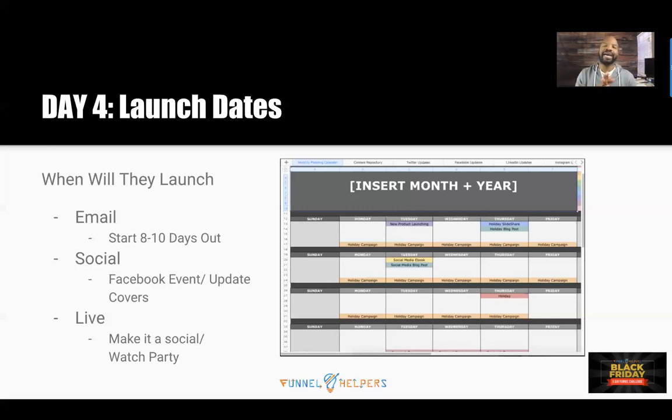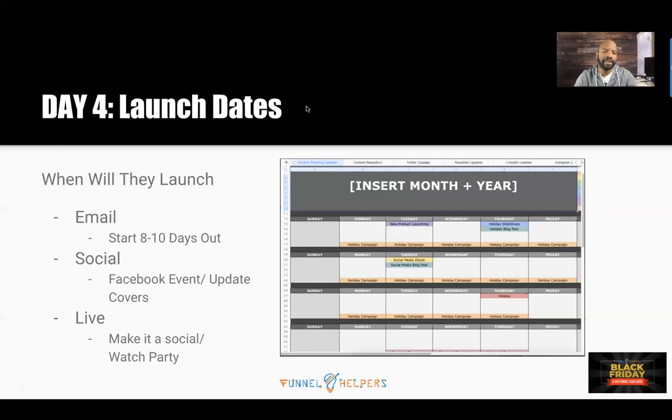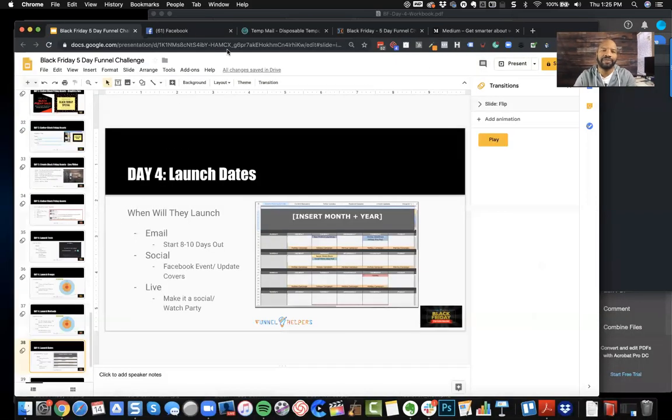Doing a Facebook Live, you can have it where it's reserved, where you can reserve a seat at your Facebook Live event, or, hey, click here to be notified, that type of stuff. Let me see, am I going to show how to do that? Let's see if I can do it on the fly here.